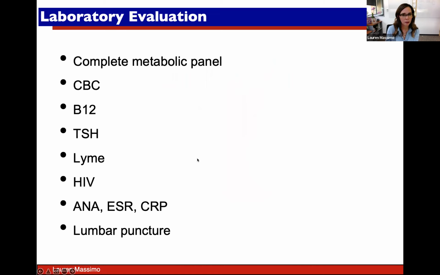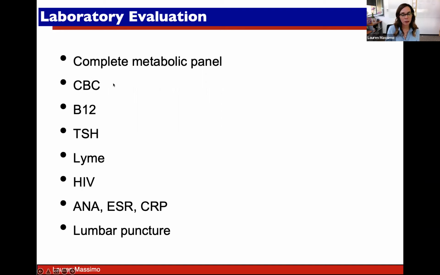So the laboratory evaluation really depends on the HPI and on the patient's past medical history. So the primary purpose, as I've stated previously, is really to rule out any potential reversible cause for cognitive impairment, and also to investigate for any comorbid medical illness that could be causing a mild delirium or temporary worsening of cognition.